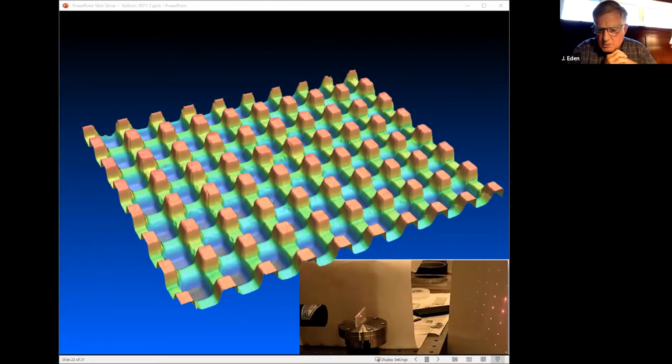Notice the arrays of laser light shown at right. That's the signature of an optical grating. And so what's really exciting about this is that we can make very sophisticated optics out of inexpensive plastic. This is commercial grade plastic. So we make very sophisticated optics. Let's go to the next slide.